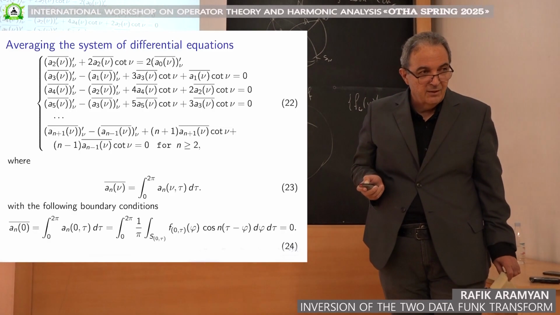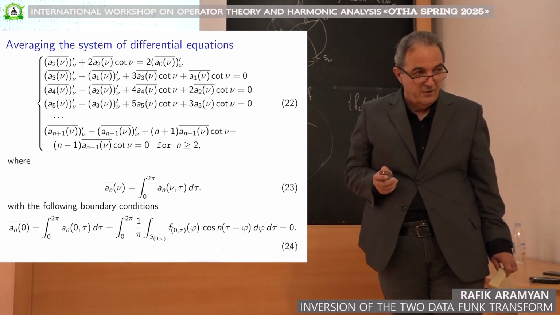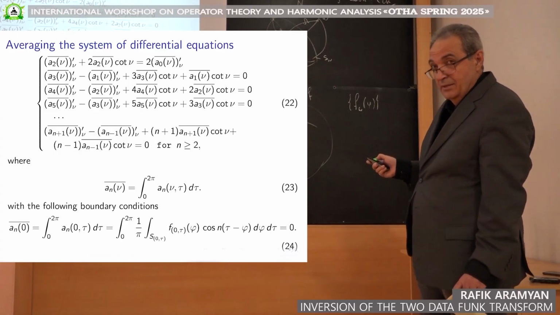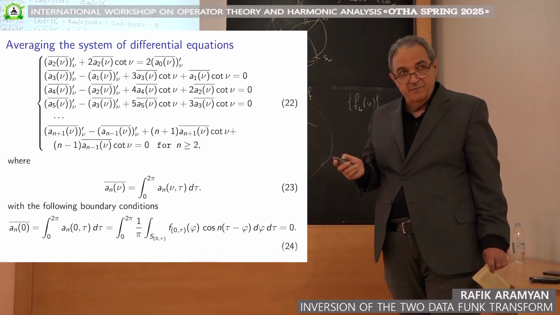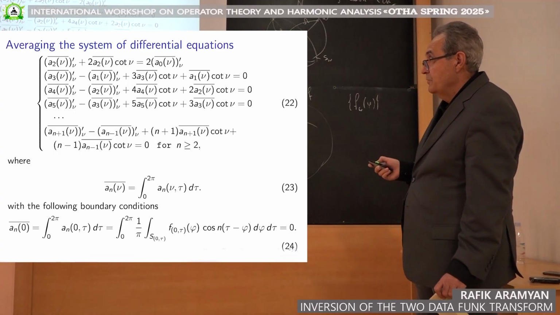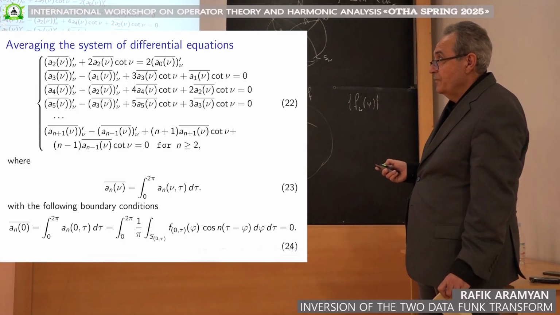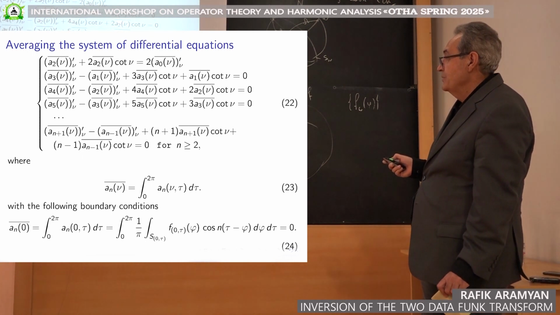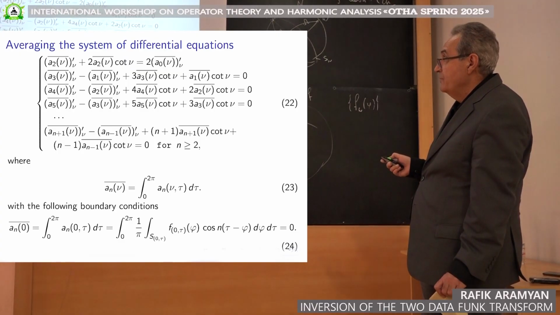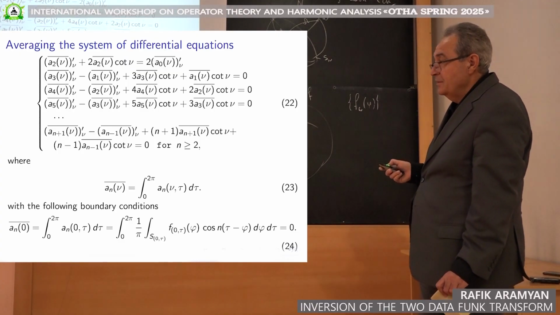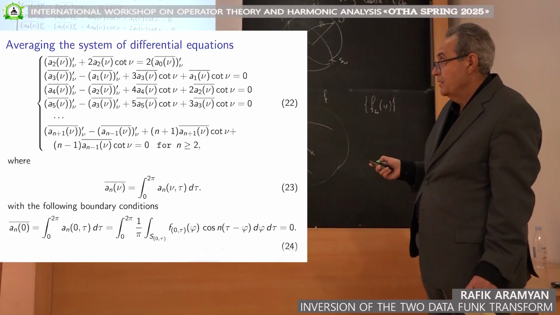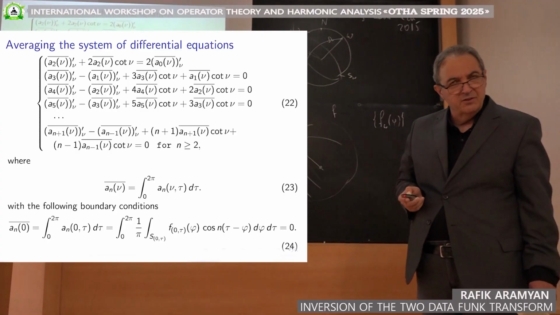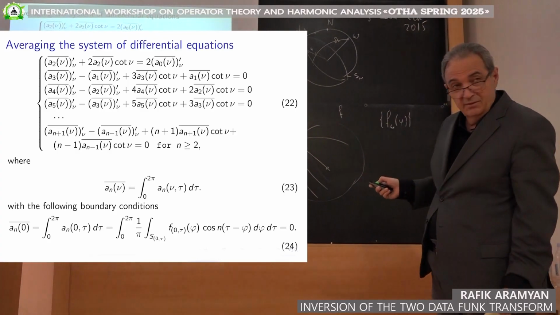So one can recover an even function. Similarly, knowing A1, which is our weighted Funk transform, one can calculate A3, substituting into the fourth equation A5, and so on. So knowing the weighted Funk transform, one can easily calculate all Fourier cosine coefficients with odd indices.